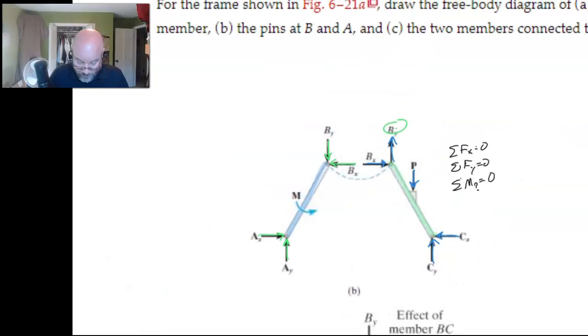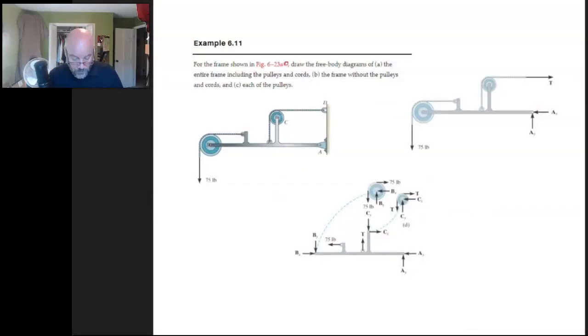Now, let's look at another one here. This example, its only job is to show you that this is a scalable thing. So we can pick a layer. How much do you want to zoom in on something? If we just think about the object as a whole, I've got this weird thing here.